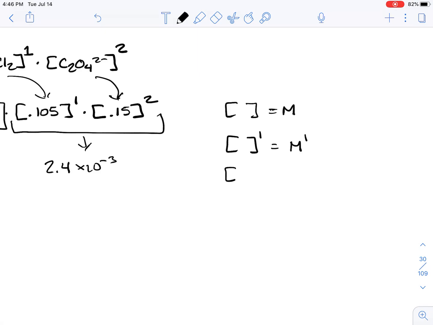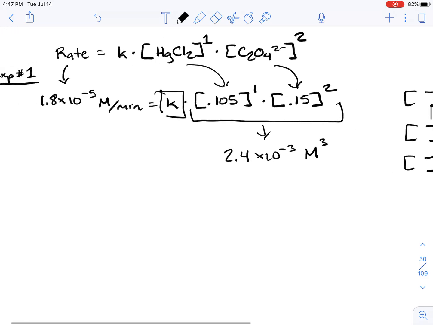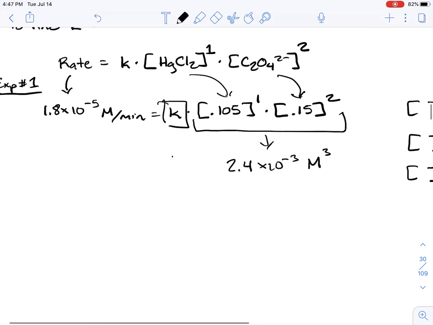And then we have this bracket, whatever's inside, raised to the second power, so that means it's molarity to the second power. And so if you have molarity to the first times this by molarity to the second, all you do is you add the exponent, so that's molarity to the third. So the unit is molarity to the third power. So this is going to be multiplied by K, and this is going to be 1.8 times 10 to the negative 5 molarity per minute.